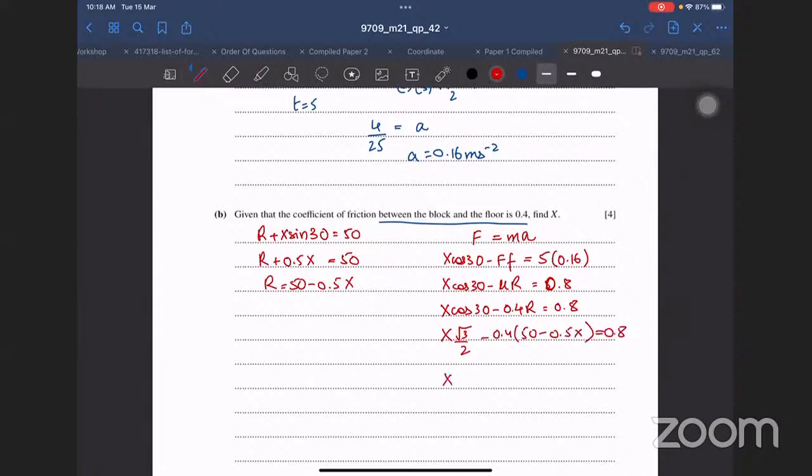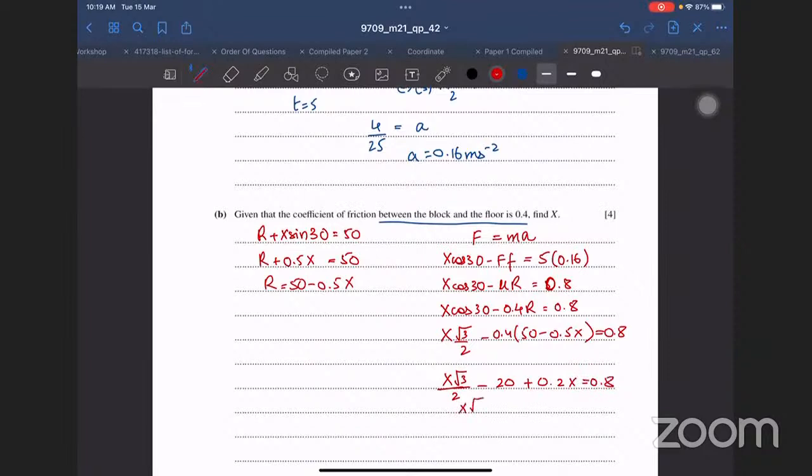I have x root 3 over 2. 0.4 into 50 is 20. And 0.4 into 0.5 is 0.2, plus.